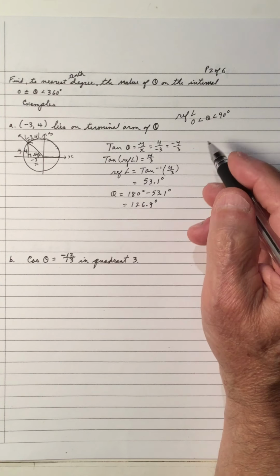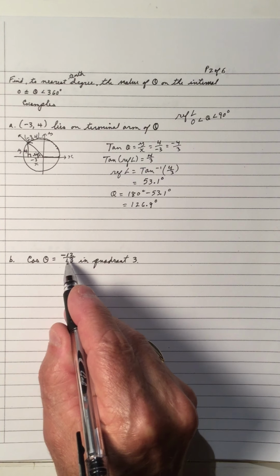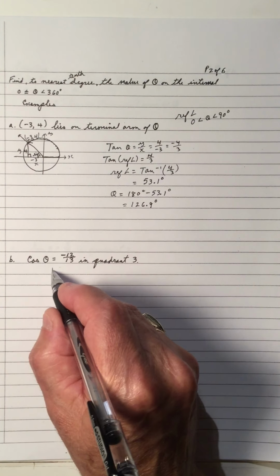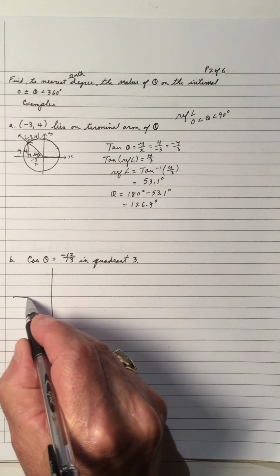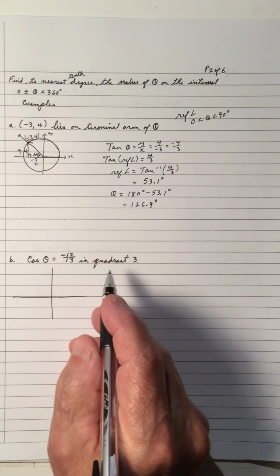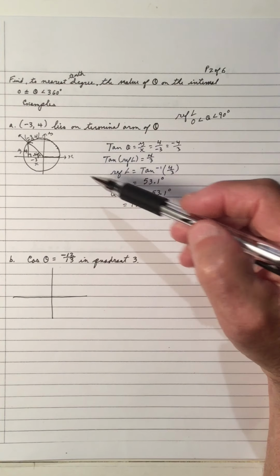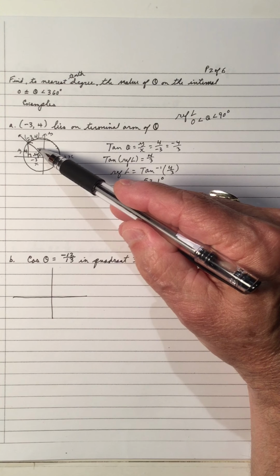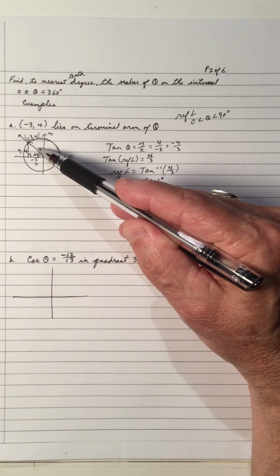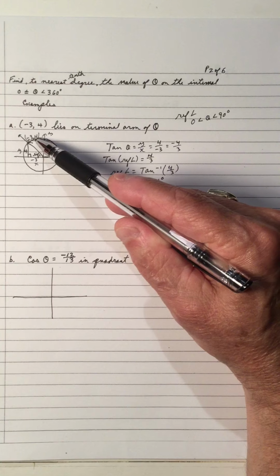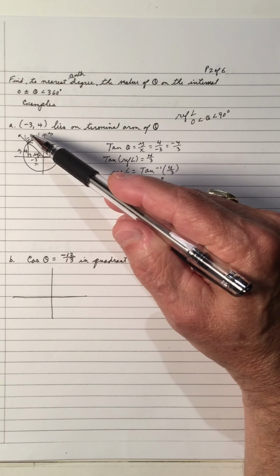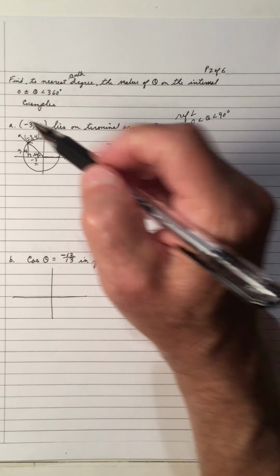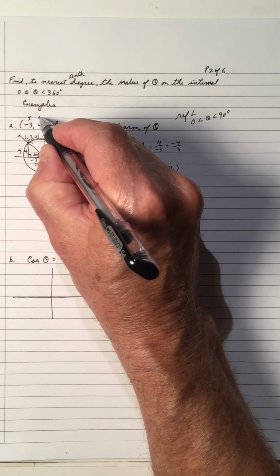Okay, let's do another one. Cos theta is a negative 12 over 13 in quadrant 3. Okay, let's go to quadrant 3. But let's get back to this one for a second. Notice I didn't need the radius. I already have the coordinates of the point, that's the x, and that's the y.